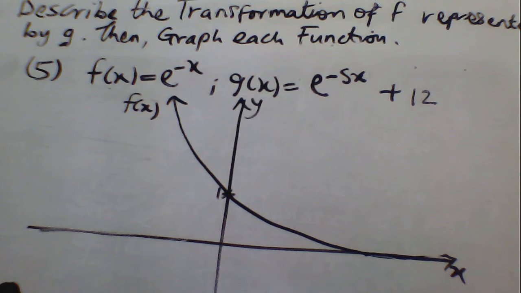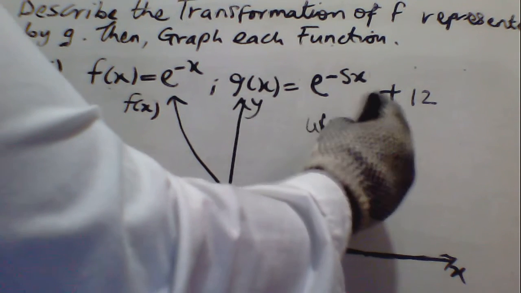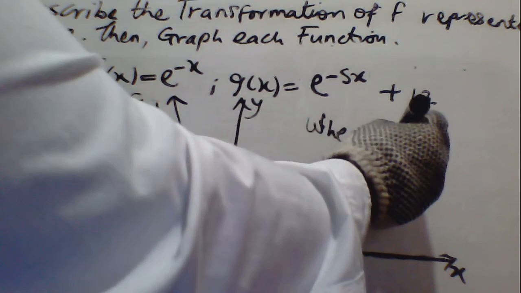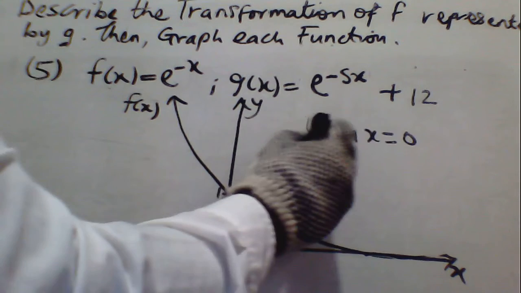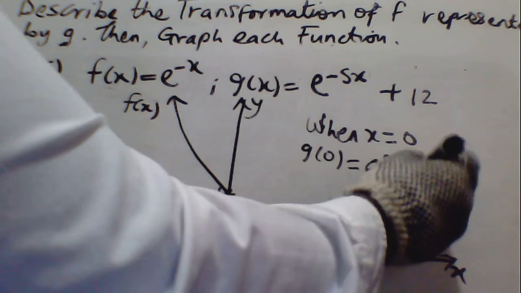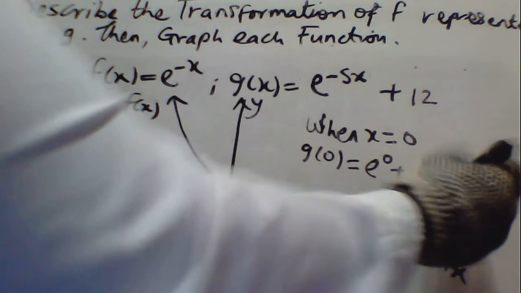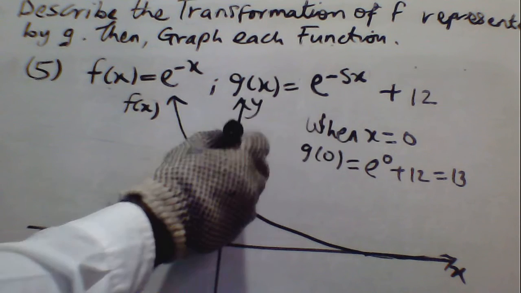So in this case, if it is 12, which means when x is equal to 0, g of 0 is equal to e raised to power 0 plus 12. We have what? 13. So 13 here will be our point of turning. Mind you, this is not drawn to scale.